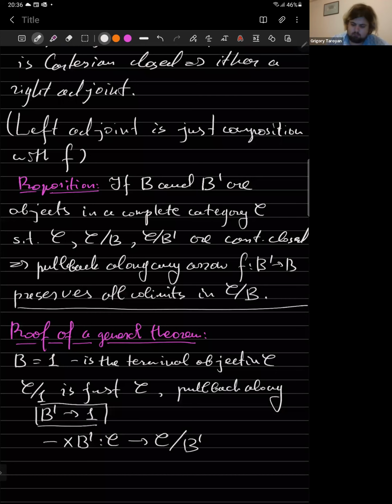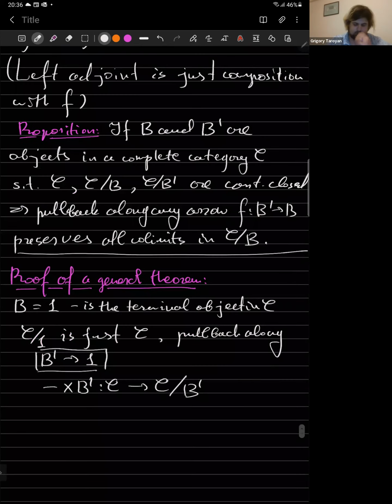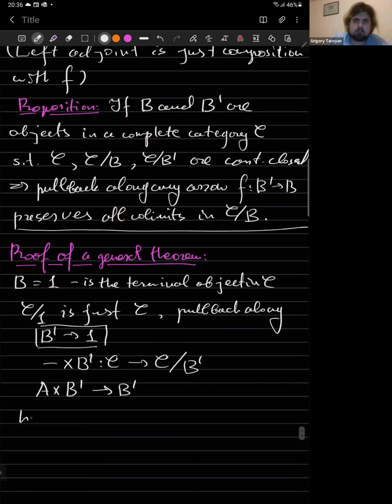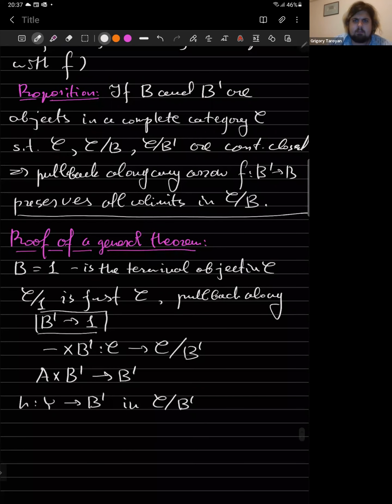So the morphism from any object A times B prime to B prime is obvious. It's just a projection on the second factor. And so assume that we're given any object H from Y to B prime in C over B prime.